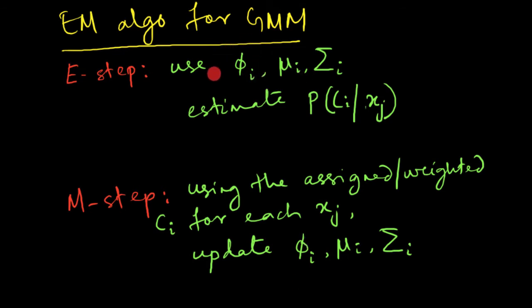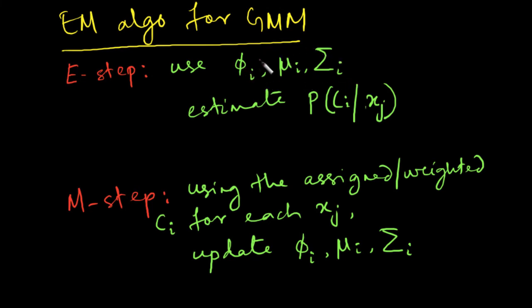You have some initial values for phi I, mu I and sigma I. Using that, you estimate the probability of each data point belonging to a particular cluster or a particular class. Now once these probabilities are calculated, using this you update your value for phi I, mu I and sigma I.